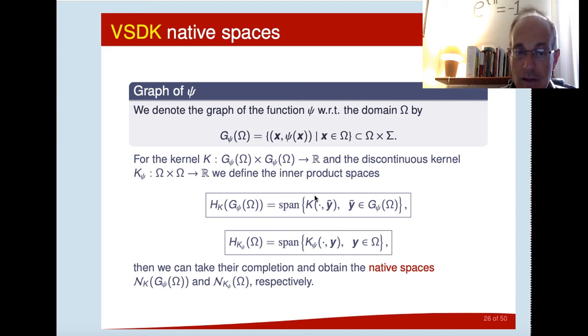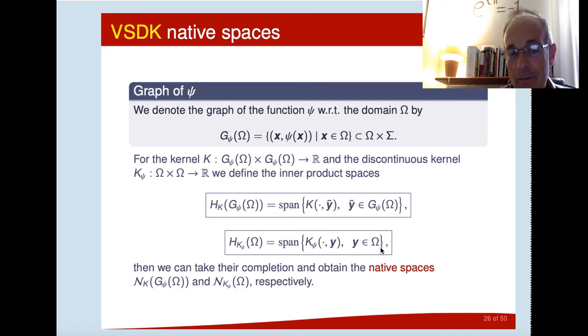space, and the completion, which is actually the infinite dimensional space, and the second space is the one obtained by the translates. So the completion gives the so-called native space, respectively, of the graph and, let's say, of the translates when y is in omega.